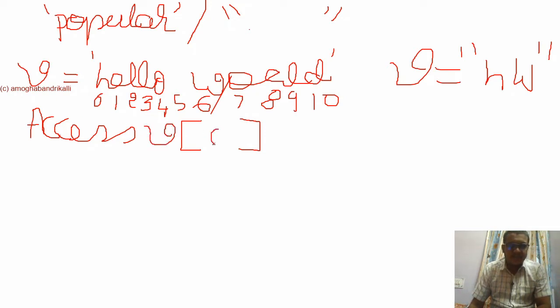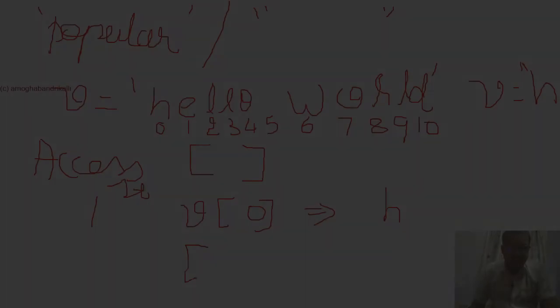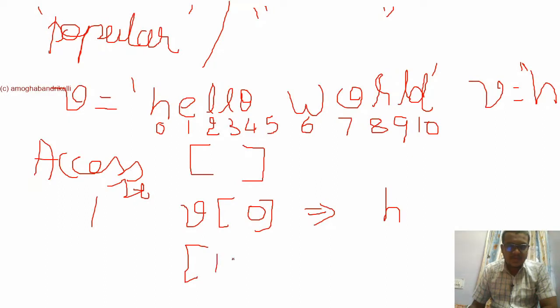If we print v of 0, the answer will be h. We can also use indexing here, starting from 1 to 5. So the letters going to be printed are e, l, l, o and space.